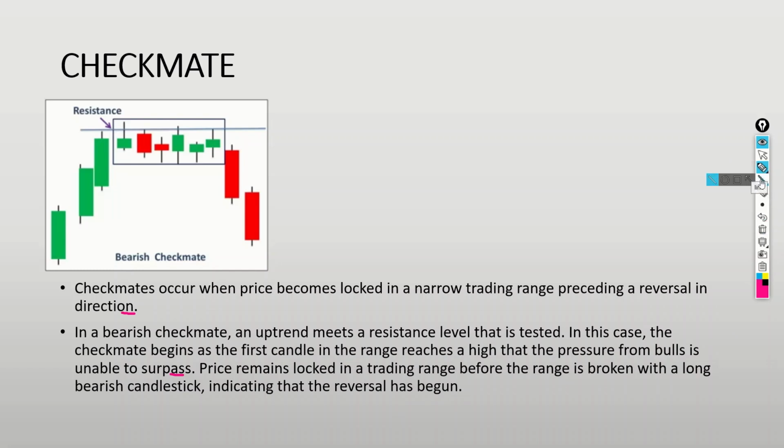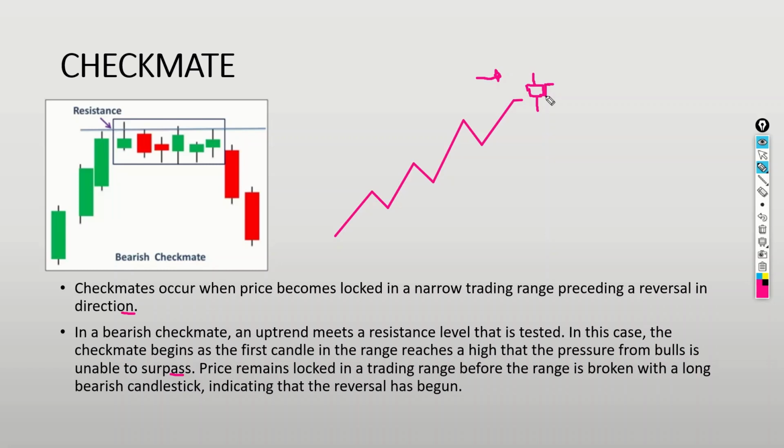So we are saying that we get a clear uptrend. After getting this clear uptrend, the checkmate begins when this candle here, which is on the top of the uptrend, forms a new high, which the candles that come later fail to break.